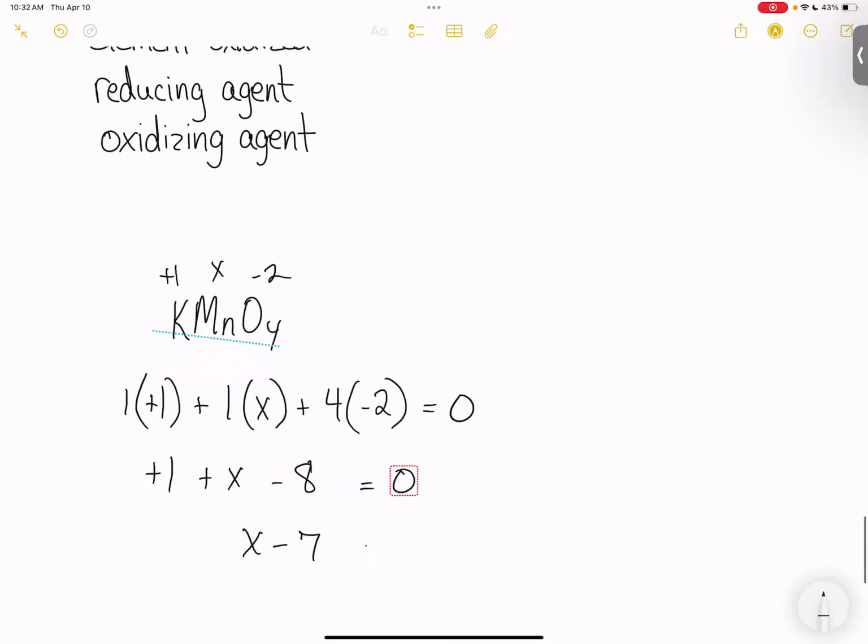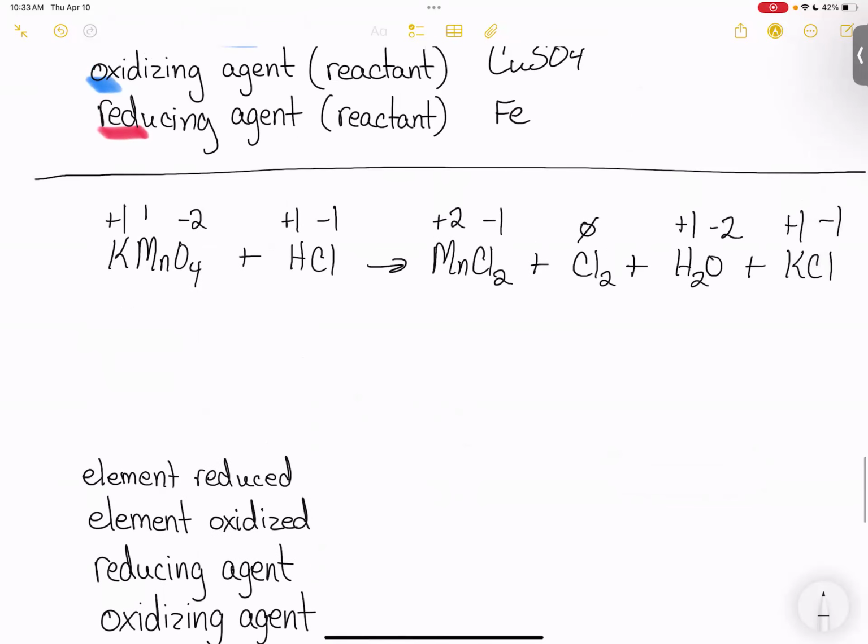X minus 7 equals 0. So X has to equal 7. So our manganese in potassium permanganate is a +7. It's in its heptavalent state. So this up here is a +7.